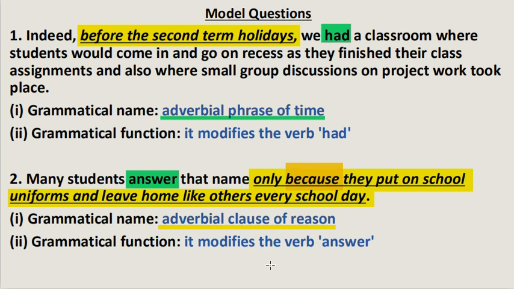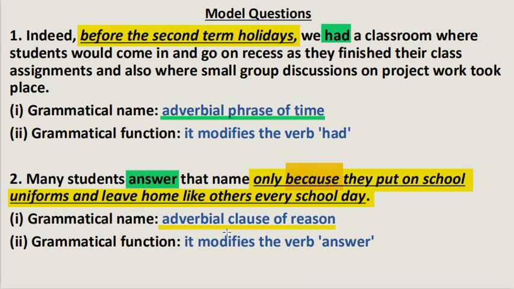If you are in this problem, just write adverbial phrase and stop there. If you are not sure of the type, do not write the type. And if it is an adverbial clause, and you do not know whether it's an adverbial clause of reason or time or purpose, just write adverbial clause and stop. Once you are not sure of the type, write only the adverbial clause and move on.